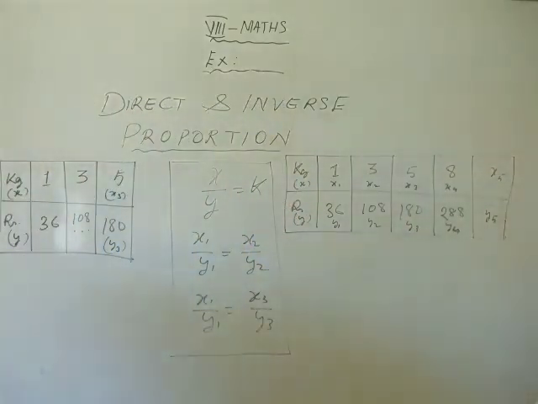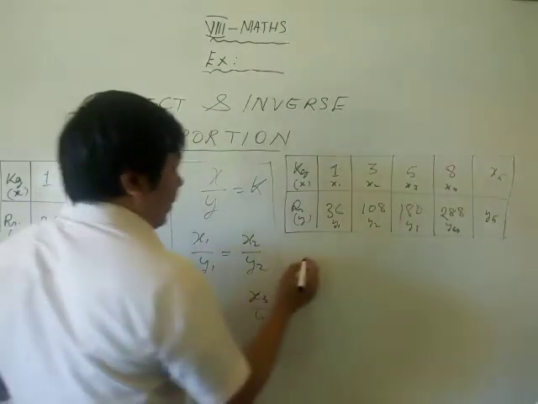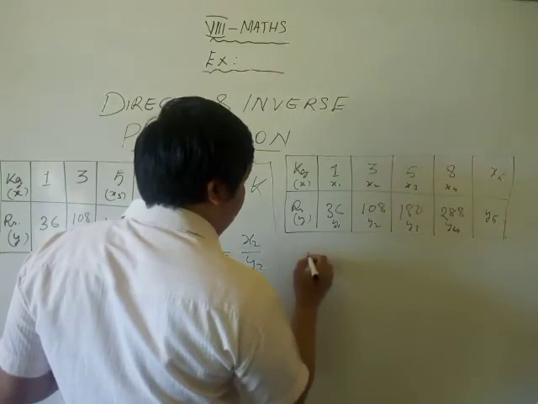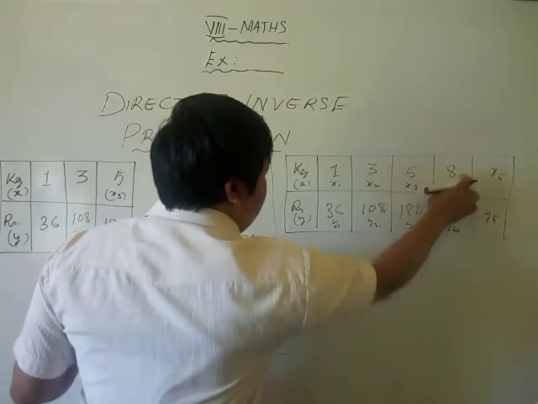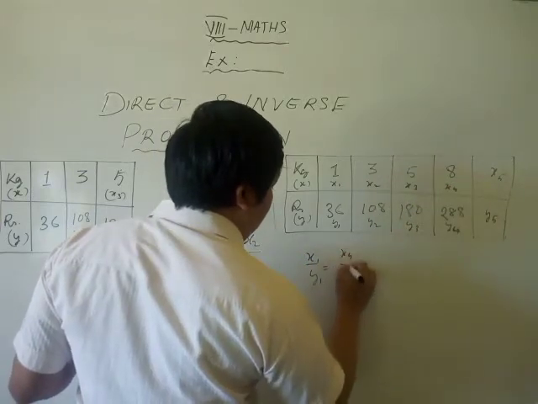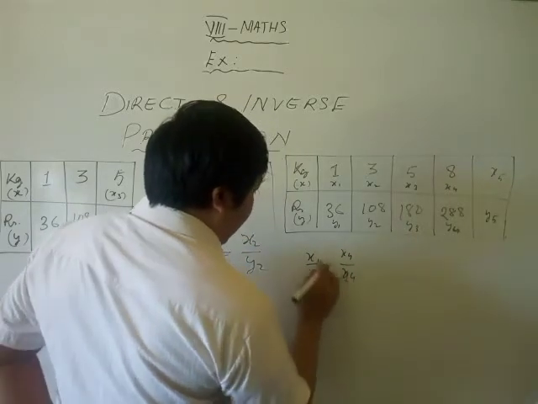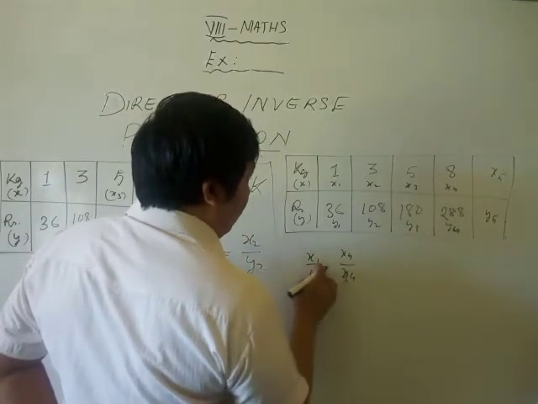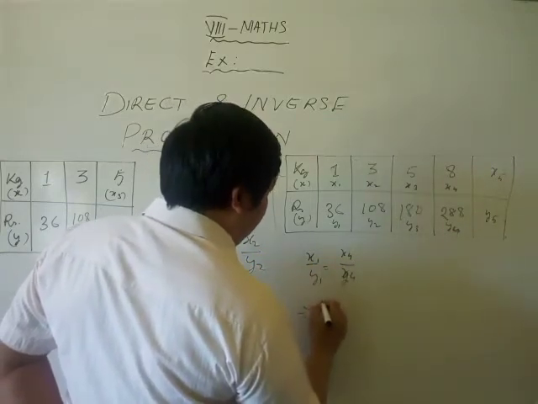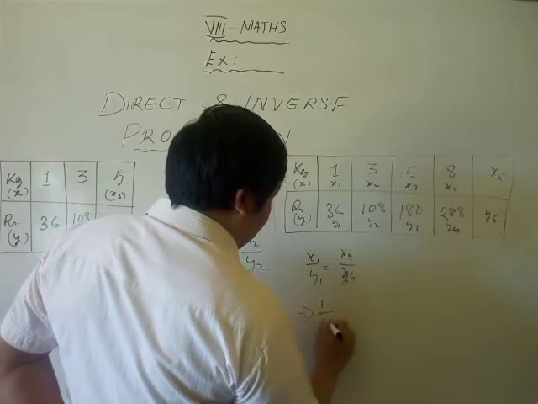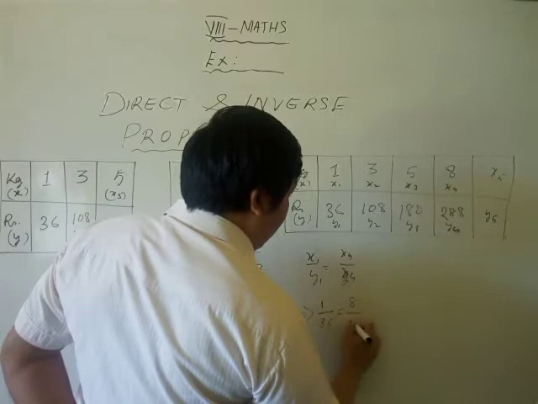So my dear student, you see here in this table, let us find out x1 by y1 is equal to x4 by y4. So x1 is 1 here, y1 is 36, equal to x4, 8, by 288, isn't it?